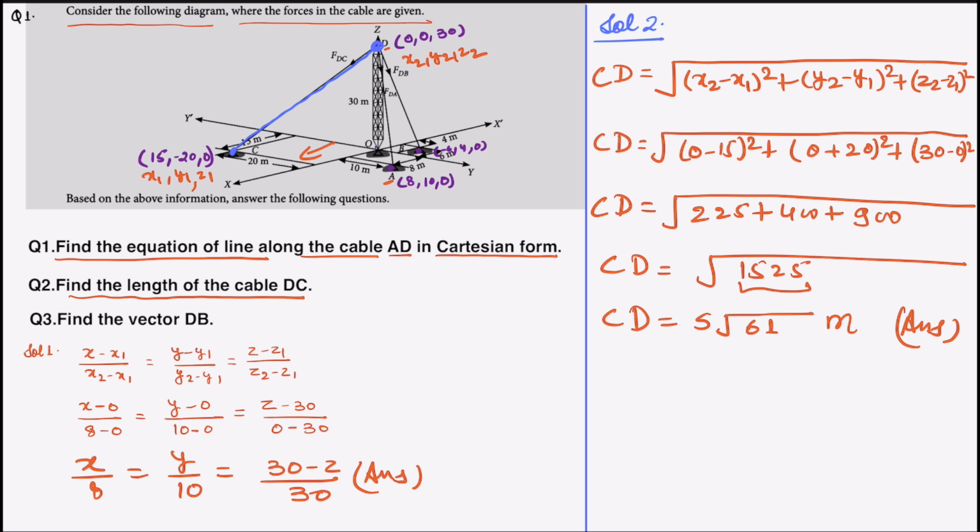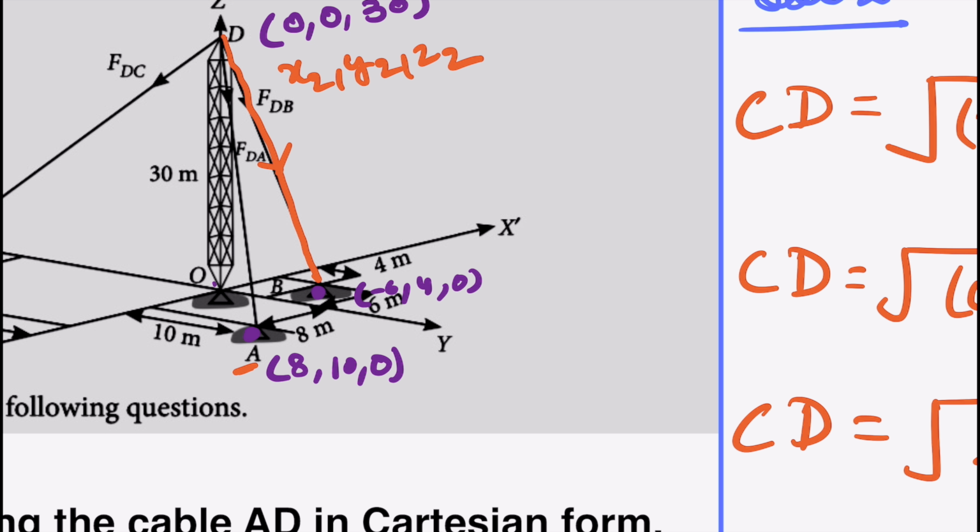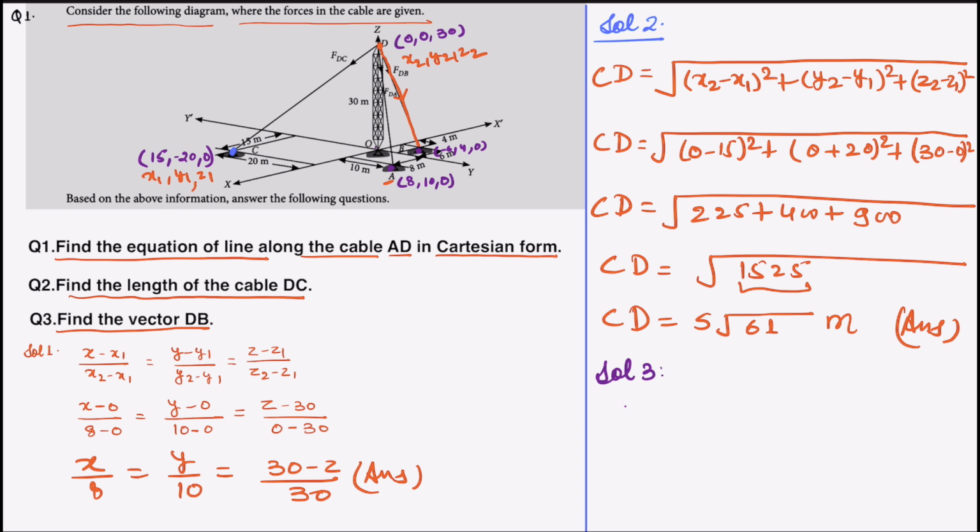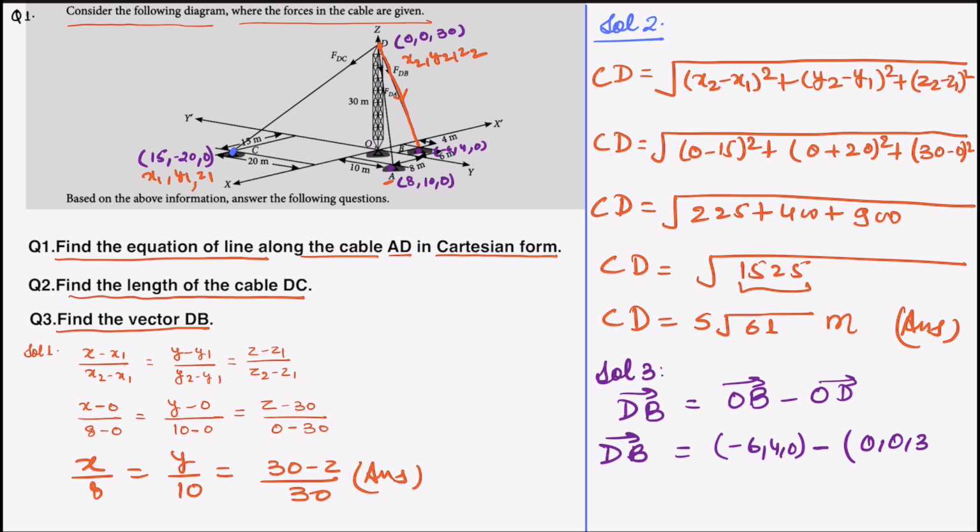Now in question number 3, it is asking to find the vector dB. So this is point D and this is point B. We know that vector dB will be equal to the position vector of point B minus the position vector of point D. Now we can write dB vector as, let's first write the coordinates of point B, that is minus 6 comma 4 comma 0, minus 0 comma 0 comma 30.